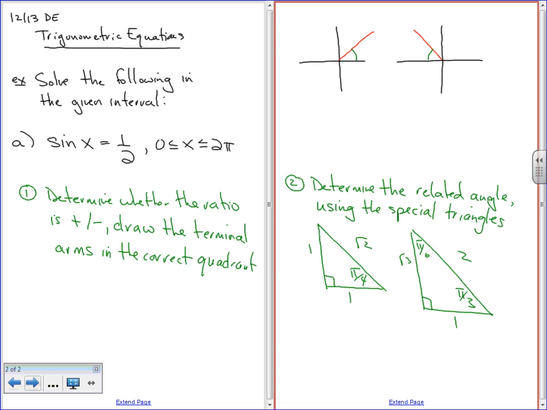So from my special triangles, which angle would give me a sine ratio of 1/2? Good. Angle pi over 6, because for pi over 6, the opposite side is 1 and the hypotenuse is 2, so an angle of pi over 6 will give me a sine ratio of 1/2. So that is my related angle.